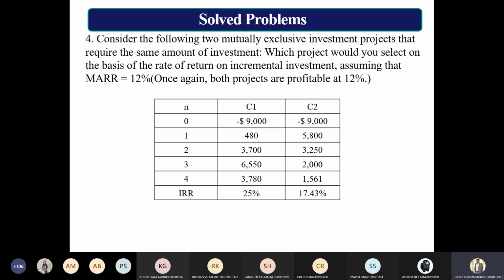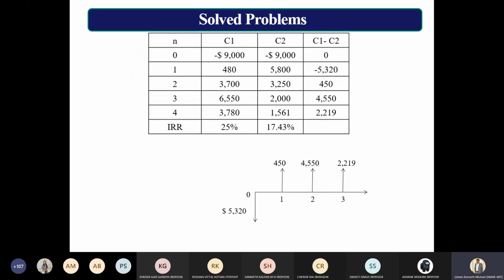Have we got the answers for this? If not, not an issue. So here is a solution for that. What actually happens over here is your investment shifts by a year.